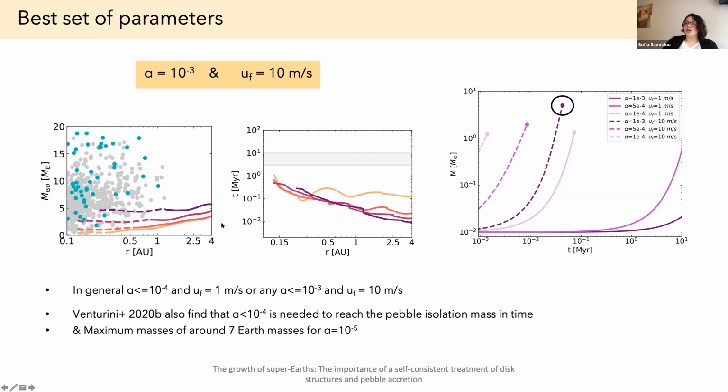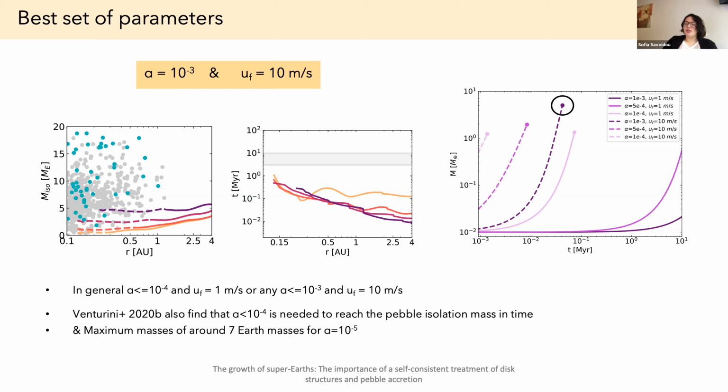A general conclusion would be that we would need any viscosity lower than 10 to the minus 4, or any alpha lower than 10 to the minus 3 if we have the high fragmentation velocity and the decreased collisions.